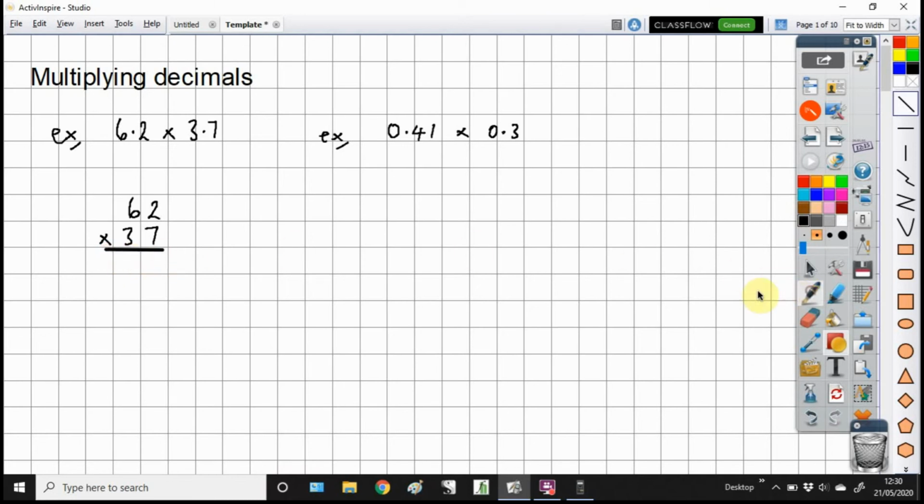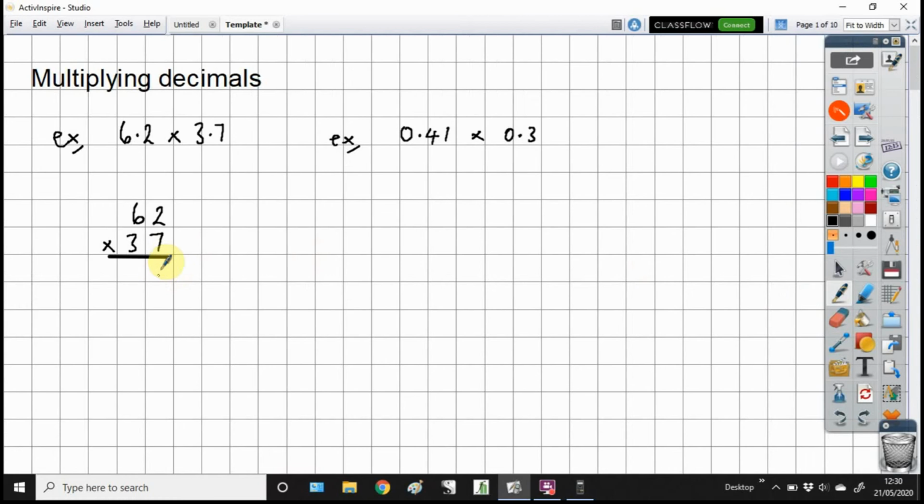So 62 times 37. If you use this method, then we've got 7 2s are 14, 7 6s are 42, and 1 is 43. Now we multiply the 3, which isn't a 3, it's a 30 because it's in the tens column.